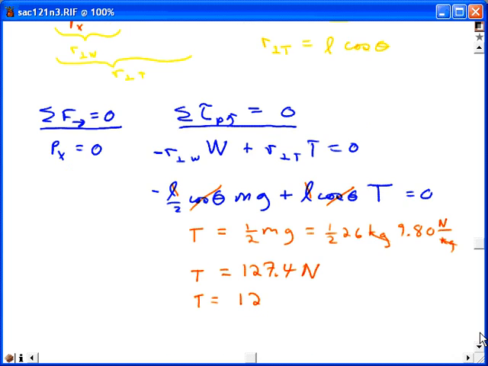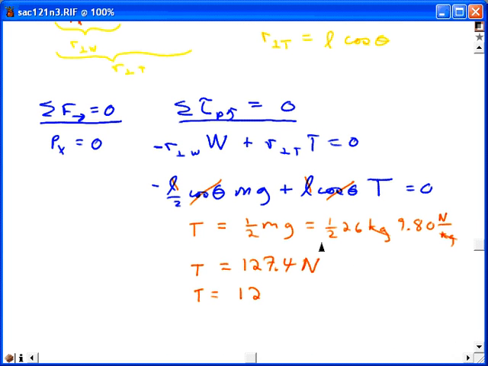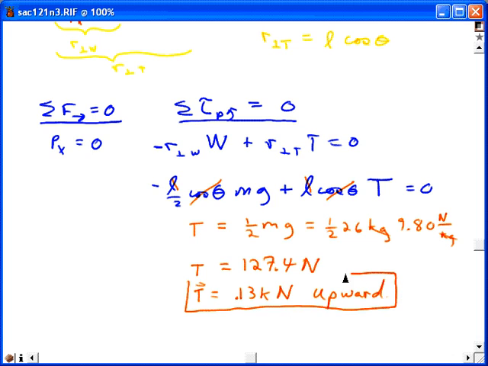Everything's given to 2 sig figs, so I'll call that 0.13 kilonewtons. And then the direction for the tension is upward. So the tension force in the rope, given the direction, I'll indicate that it is a vector, 0.13 kilonewtons in the upward direction.